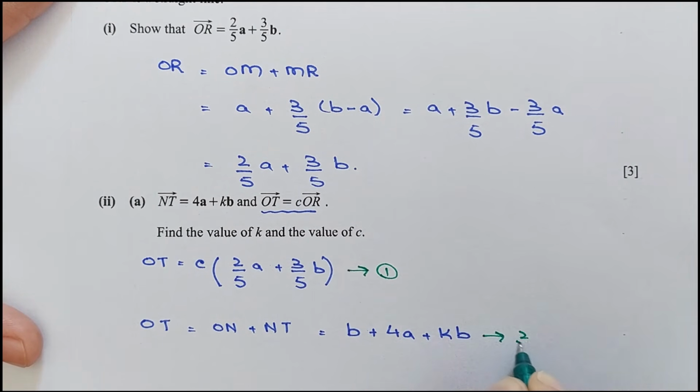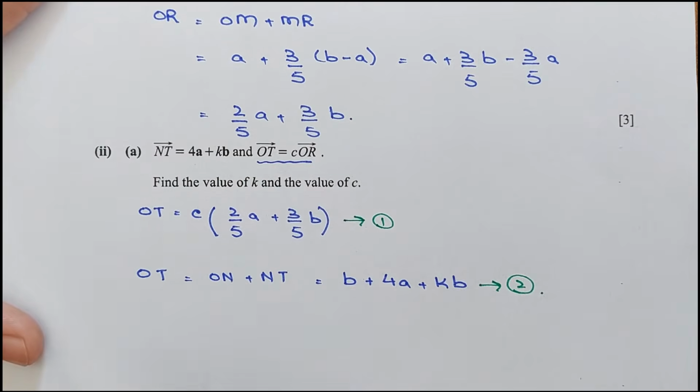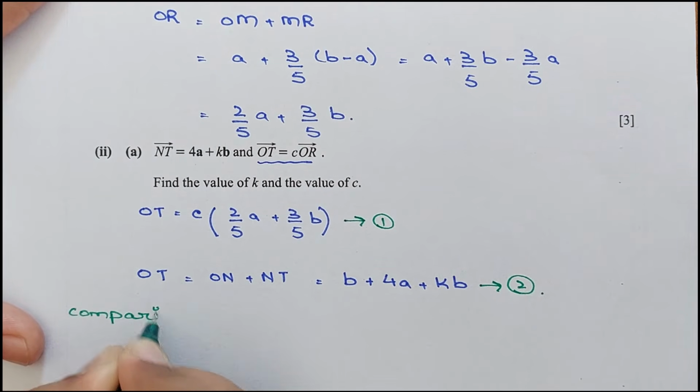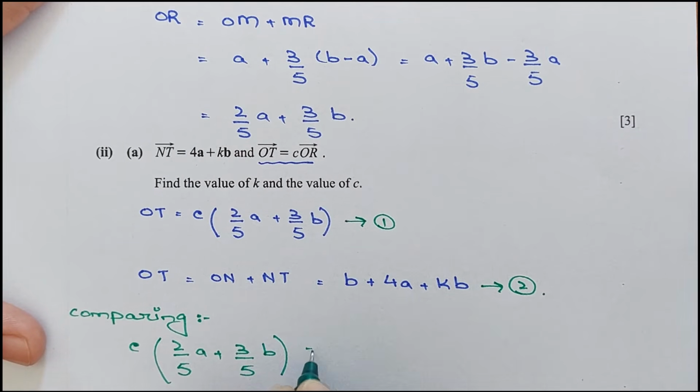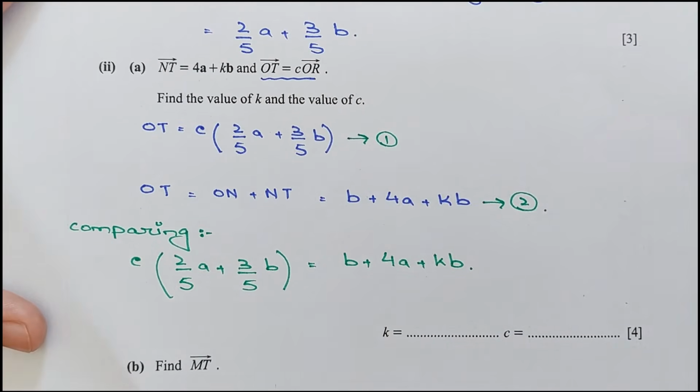Let me compare both to get the value of K and C. Comparing, this is going to be C times of 2 by 5A plus 3 by 5 of B. This is equals to B plus 4A plus KB. All right, so now let me simplify it.